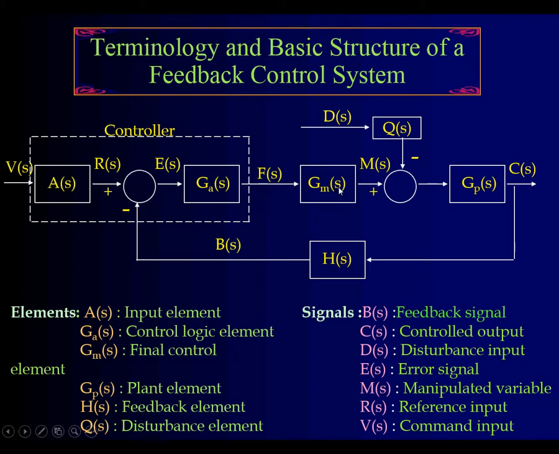But you see, let's say that before your correction gets to the system, if you're trying to keep the temperature of the room constant, somebody opens the door and cold air comes in. That's called a disturbance, and that's represented here.